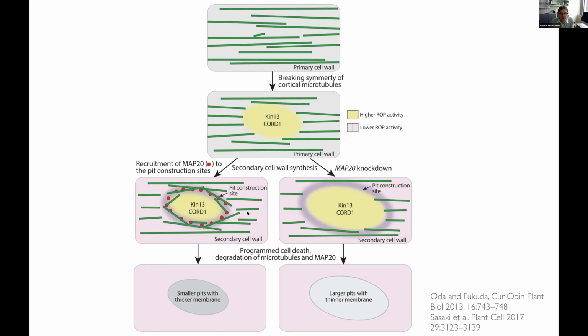And so in the next step, at the border of the pits, we have recruitment of proteins that stabilize microtubules, and they counteract the activity of these proteins. And so if the activity of depolymerizing proteins is higher, we have larger pits, and if we have more activity of microtubule stabilizing proteins, the pit is smaller. And so this is a tug of war between these proteins that control this process.